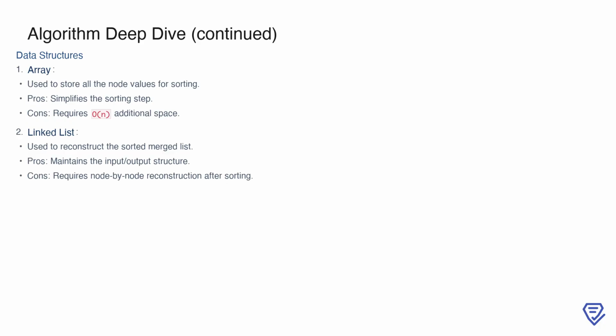The linked list, on the other hand, is used to reconstruct the output in the same format as the input. While it maintains the structure of the merged list, the process of reconstructing the list node by node after sorting adds computational overhead. This balance between simplicity and resource usage is a key characteristic of this approach.